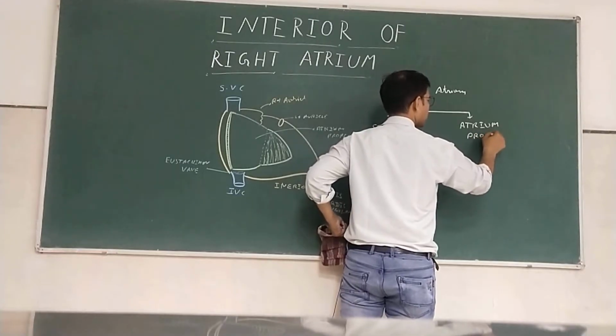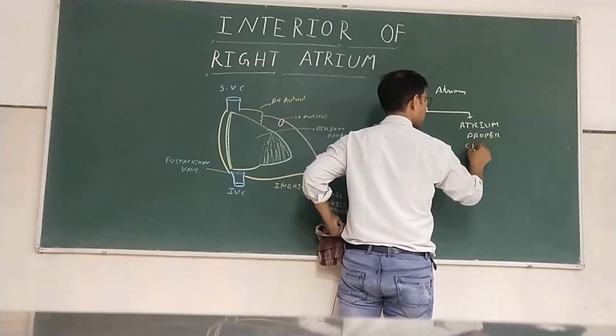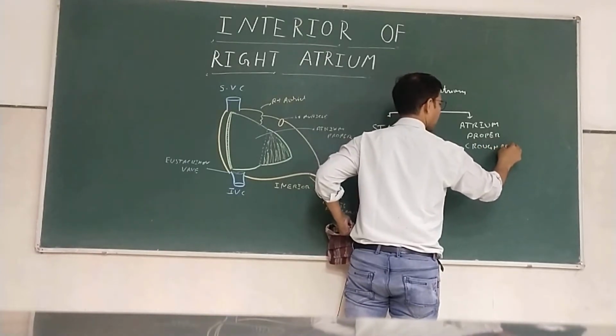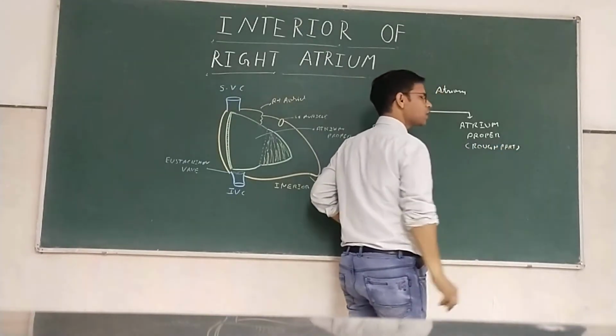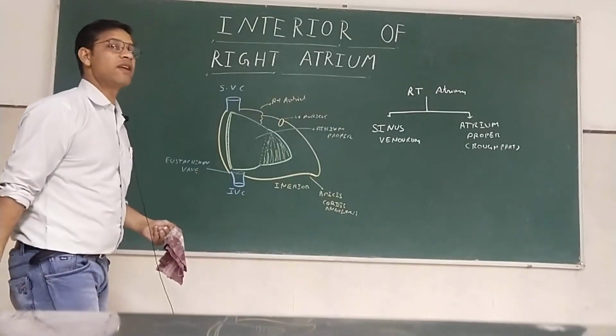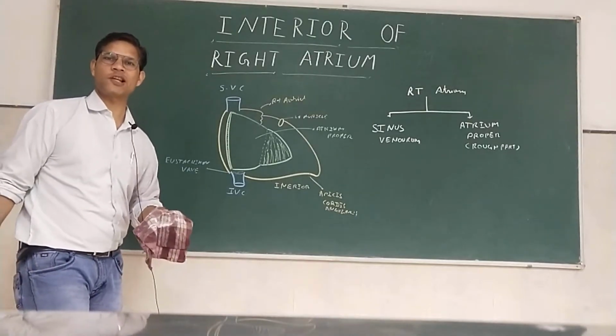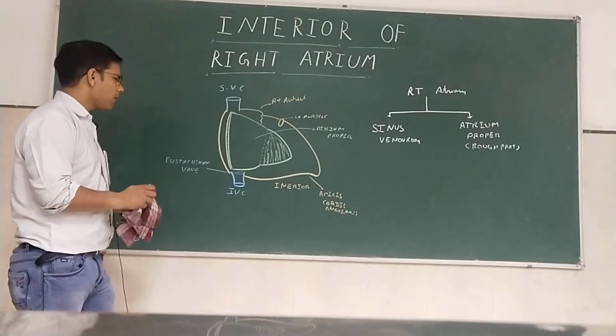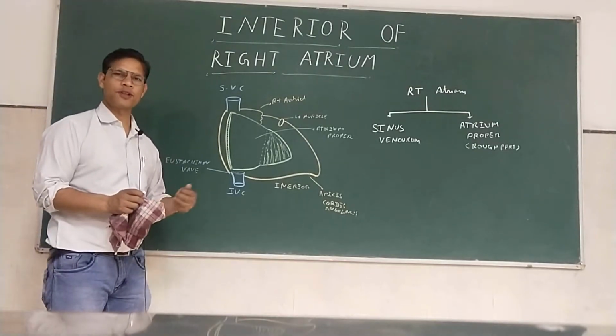The atrium proper is the rough part, having musculi pectinati, and the smooth part, the sinus venarum, has most of the venous channels opening into it. So this part is supposed to be this one. Okay. Now first of all, I want to go with this one.